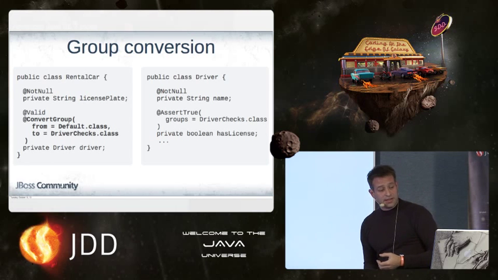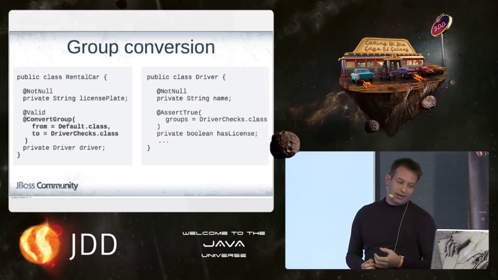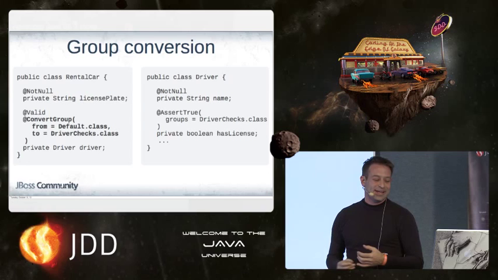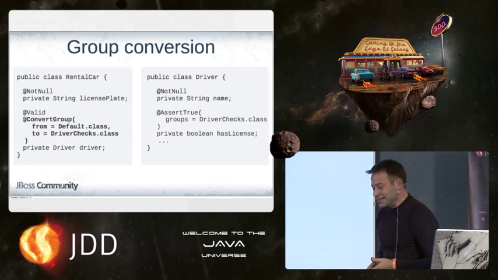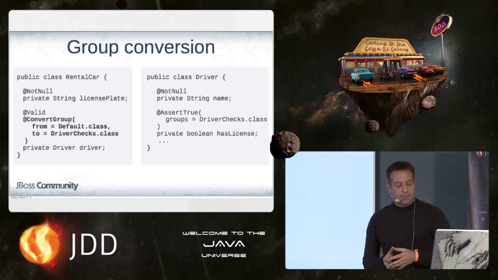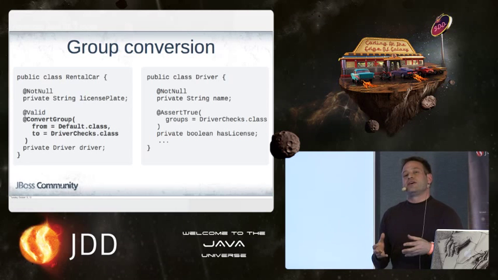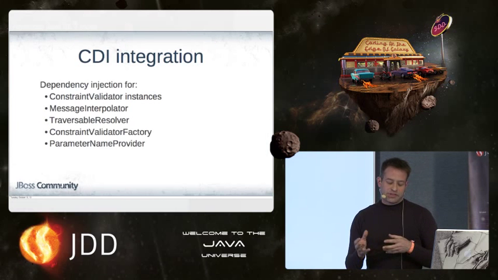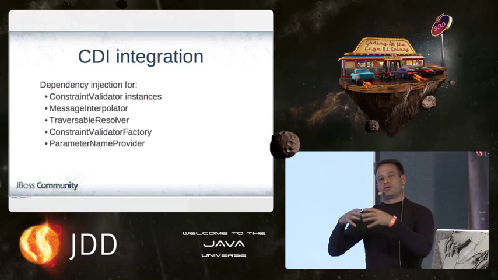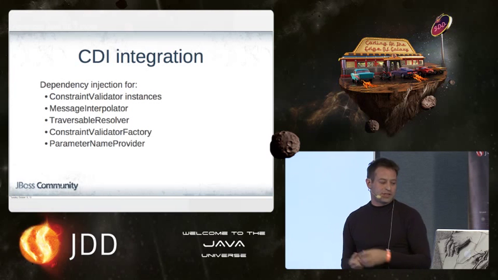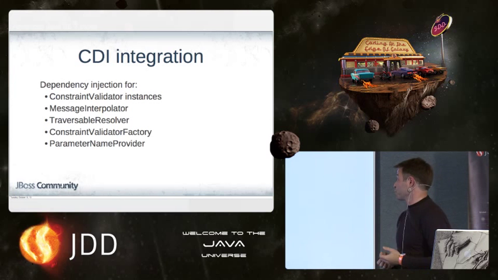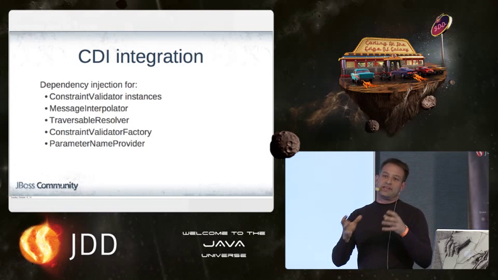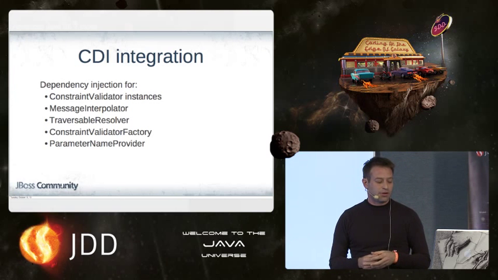Coming back to CDI integration, I think I mentioned that many times, that things are getting tied together. So what happens there was, Bean Validation has several things where you can configure how your validator works or behaves, like a message interpolator, a traversable resolver, a parameter name provider. I don't want to go into details what they all mean.